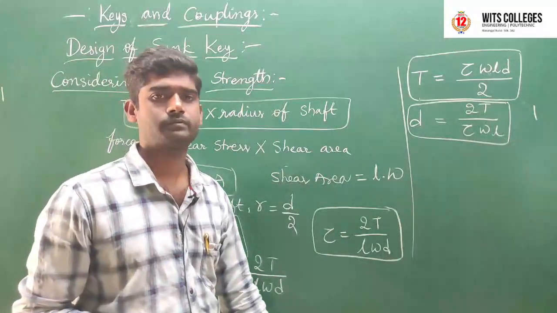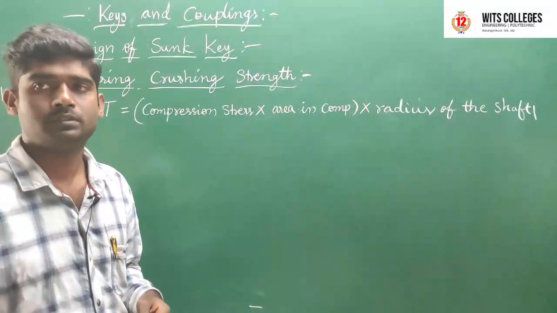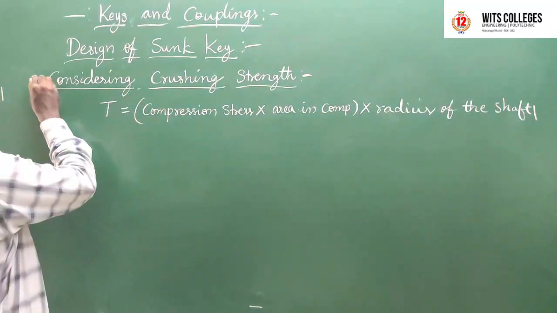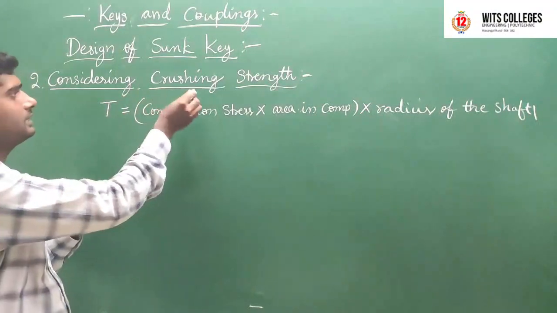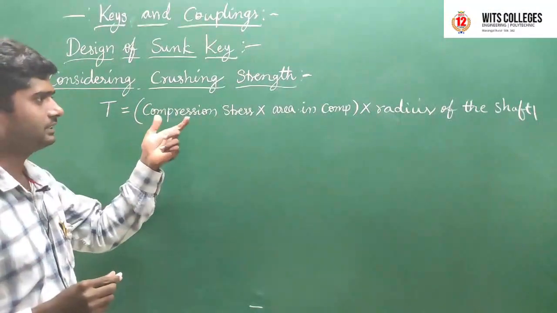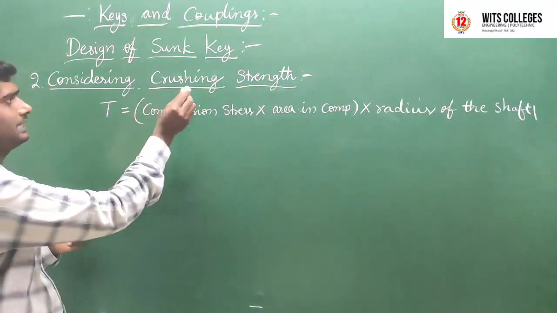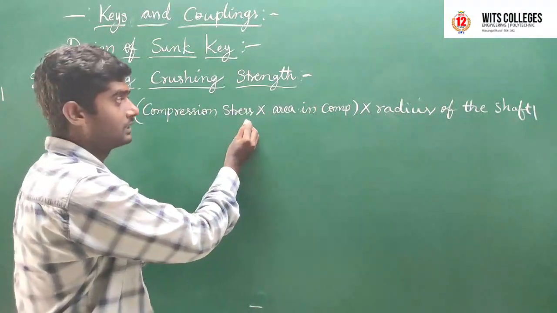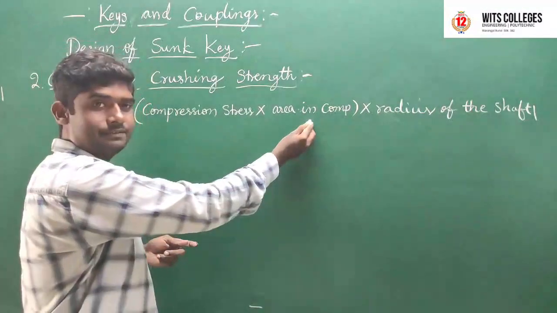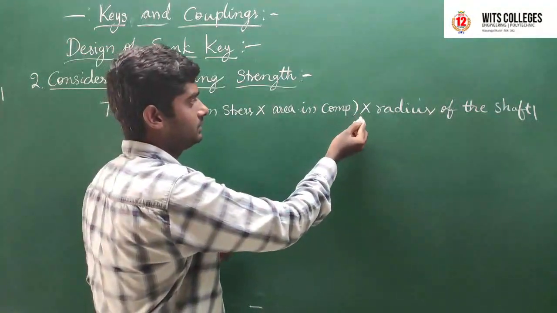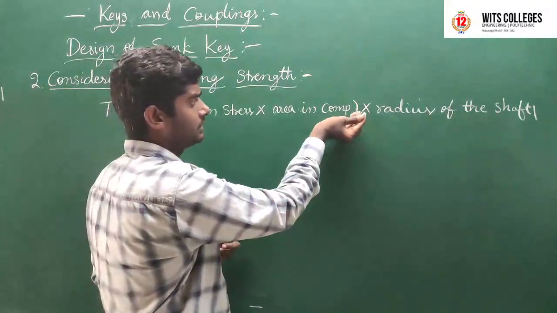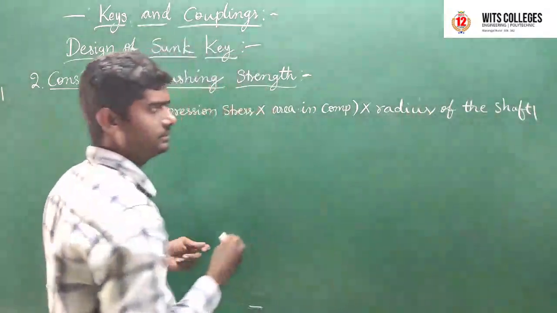Next step is step 2, considering crushing strength. T is equal to compression stress into area of compression of key into radius of the shaft.